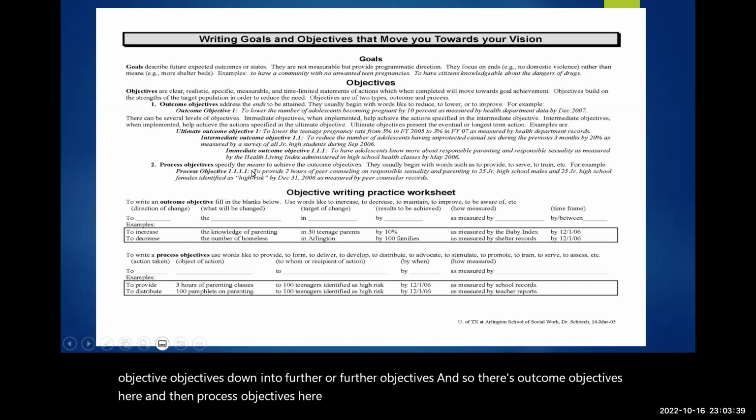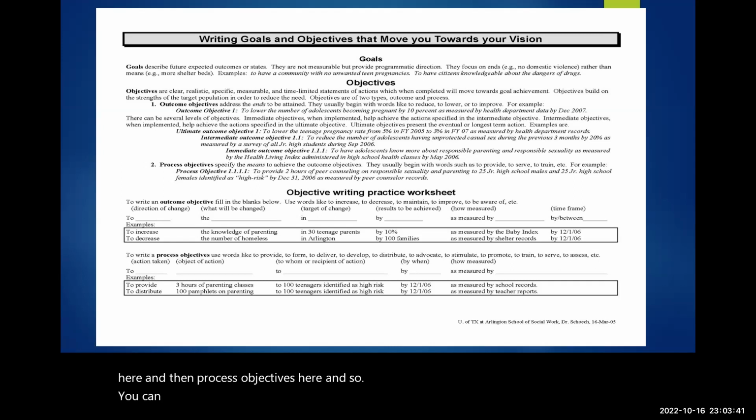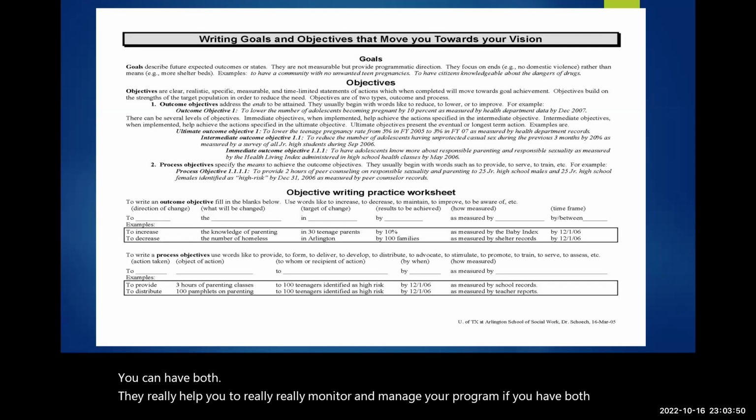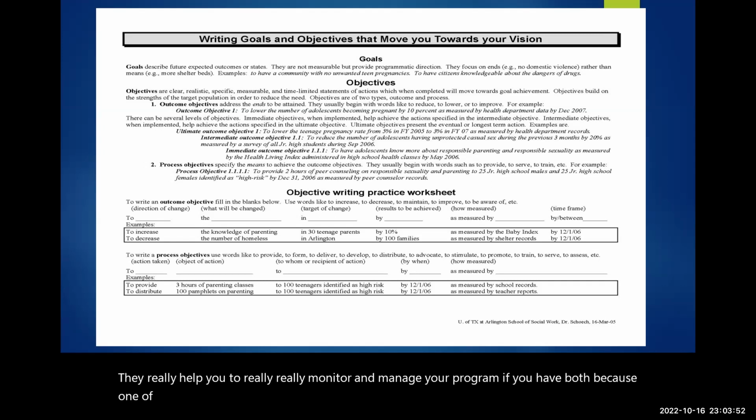You can have both. They really help you monitor and manage your program if you have both, because one monitors the progress towards the outcome, whereas the process one monitors and ensures the fidelity of the process itself.